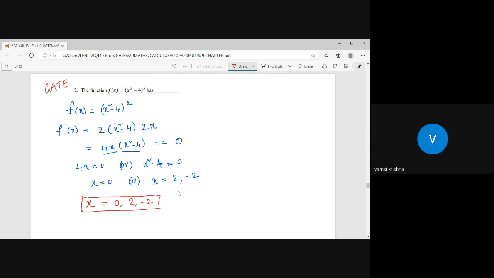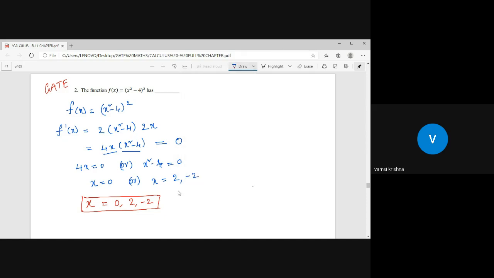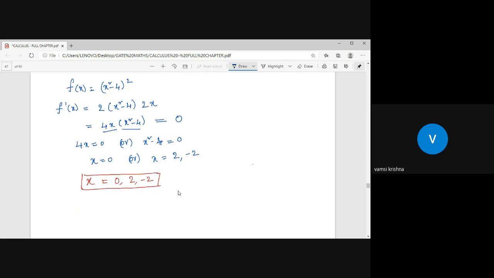Now let us substitute these roots in f double dash of x. So if you want to substitute in f double dash of x, let us find f double dash of x first. Sir, what is f dash of x? Here if I keep f dash of x like 4x into x square minus 4, it again goes to the UV rule. So instead of the UV rule, let us simplify it, just multiply it.